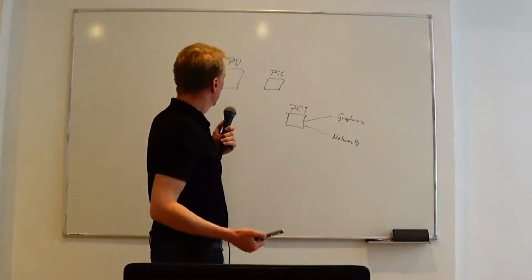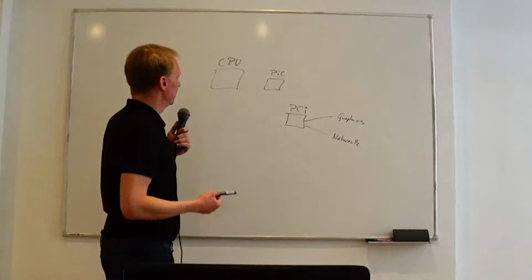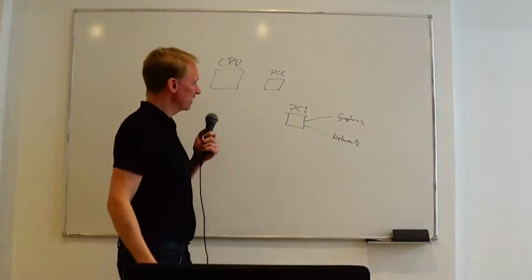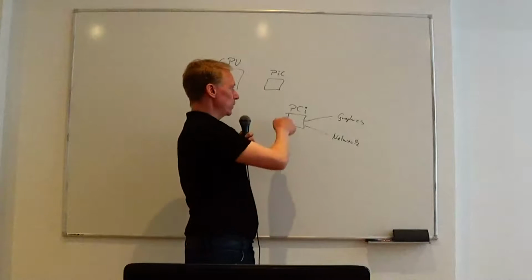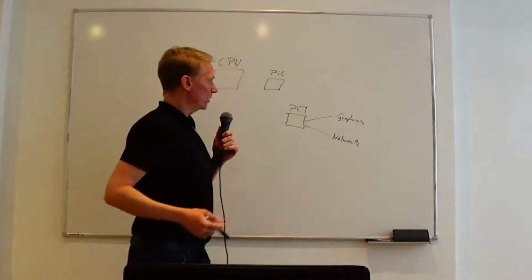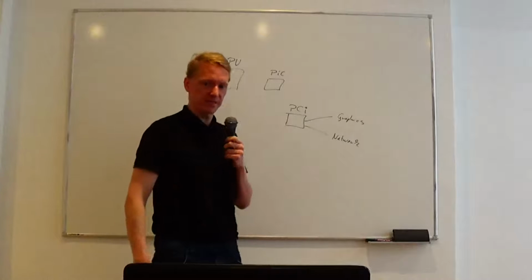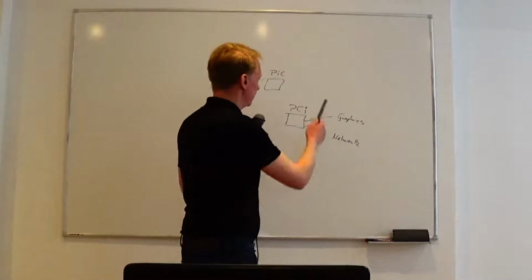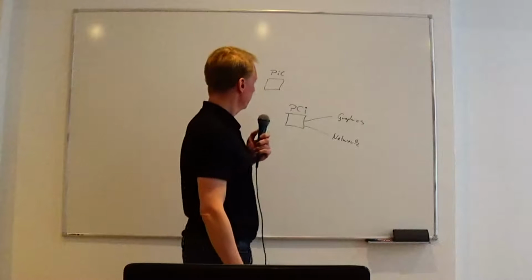So what they came up with, and I think this is really a good design, is you can talk to the PCI controller and ask it, well, what device is on port number this? What device is on port number that? And what is the interrupt it's going to send to me?